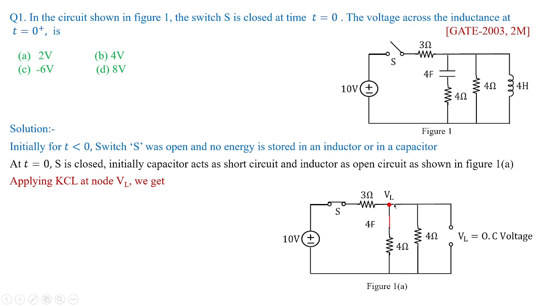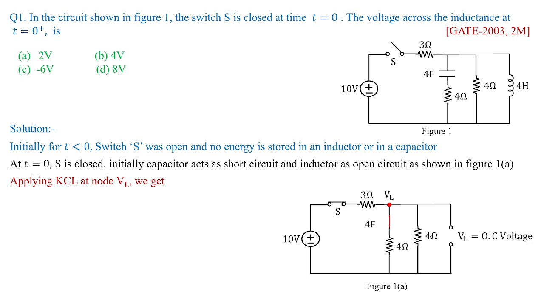I am assuming that voltage to be denoted as node VL, because the series combination of capacitor with resistor is connected in parallel with 4 ohms and 4 henries. That is why we have taken a common voltage VL over here, and we are going to apply KCL at this particular node, as we learned in our previous classes.